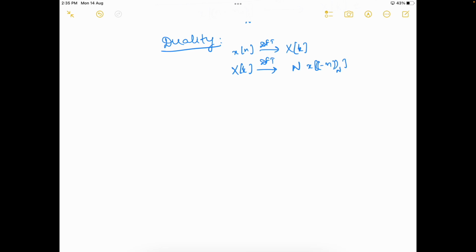Okay, next is time reversal. I will just state them and you can kind of derive them on your own. Time reversal means if I have x[-n], implicitly it is modulo capital N, and I take the DFT of this, what will be my DFT? It will be X[-k].